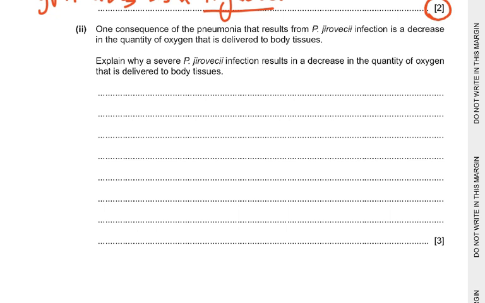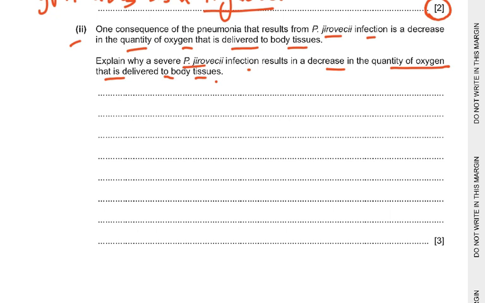Okay, next part 2. One consequence of the pneumonia that results from P. jirovecii infection is a decrease in the quantity of oxygen that is delivered to body tissues. Explain why a severe P. jirovecii infection results in a decrease in the quantity of oxygen that is delivered to body tissues. Now they've told you that it is going to cause a decrease in the quantity of oxygen.